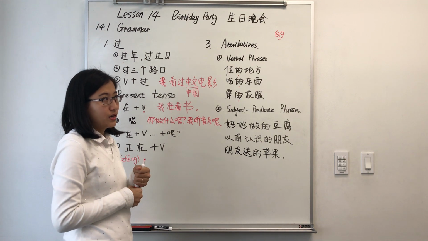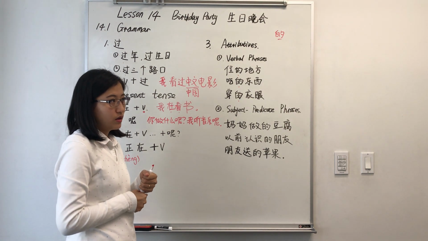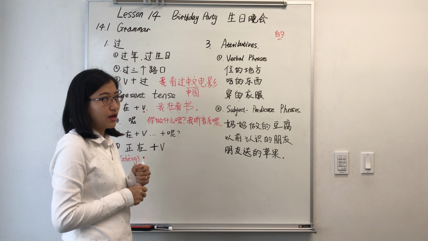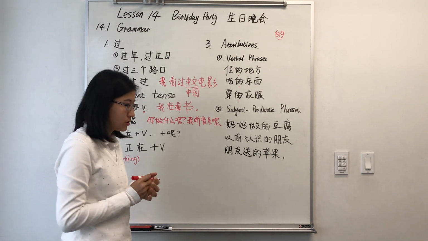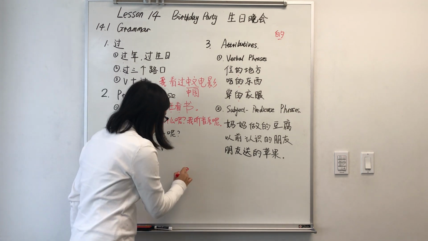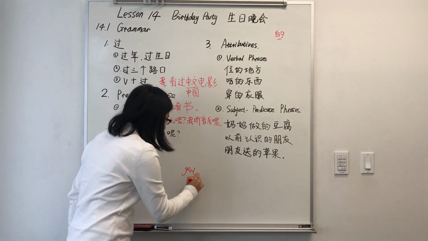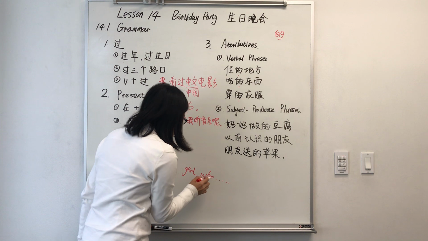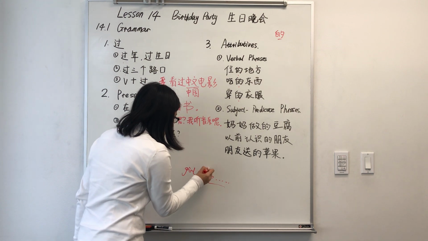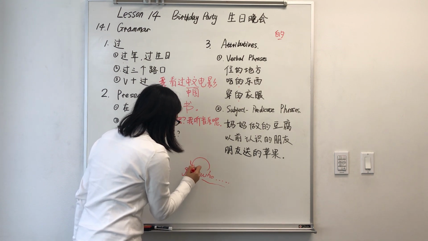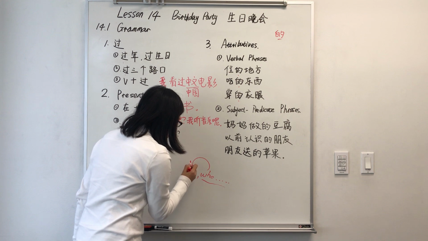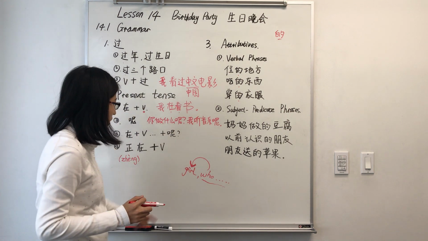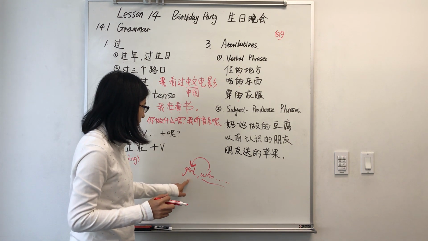So for example, in English, if I say she is a girl who I have known before, so she is a girl, and then I need to have a who sentence. That's describing, or that's the attributive of the girl.